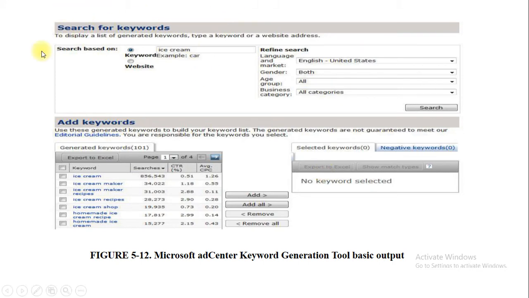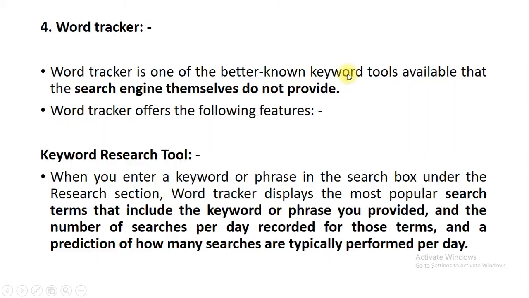In this Microsoft adCenter keyword generator, you have a keyword field or you can give the name of a website. Here is the list of keywords which you can export into Excel pages. You can give negative keywords over here. You have advanced search options: you can perform searches based on gender, you can also apply an age group, or you can select a business category.